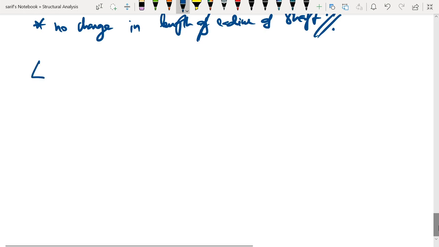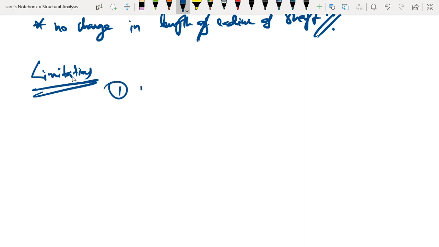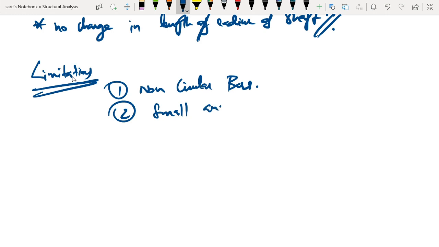And also we have to understand the limitations of this theory. The limitations are, this is not applicable for non-circular bars. Second thing is, it is only applicable for small angle of twist, that is, angle of twist will be less than 10 degrees.